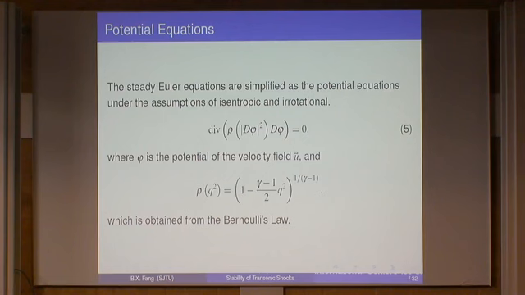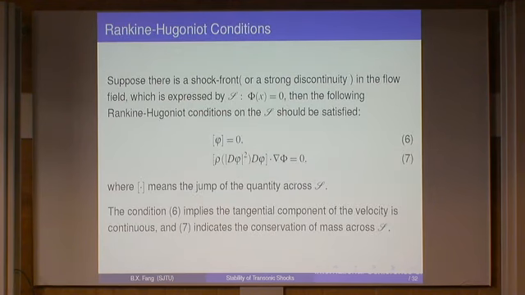And then we are considering shock fronts. So for shock front, it is a strong discontinuity. So of course a shock solution is a weak solution, and across this strong discontinuity, we need so-called Rankine-Hugoniot conditions, which hold across this shock front.